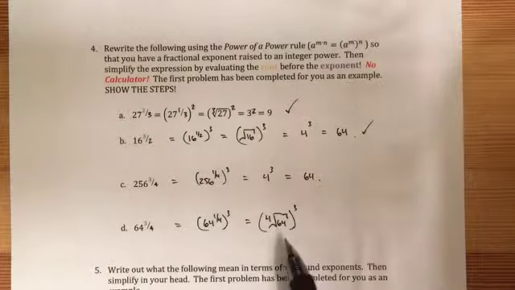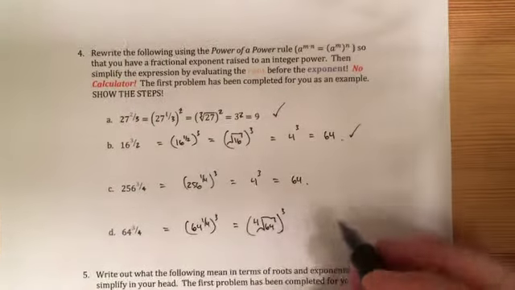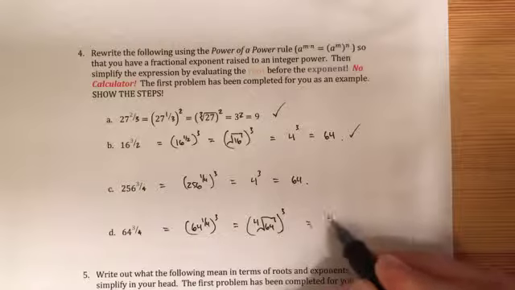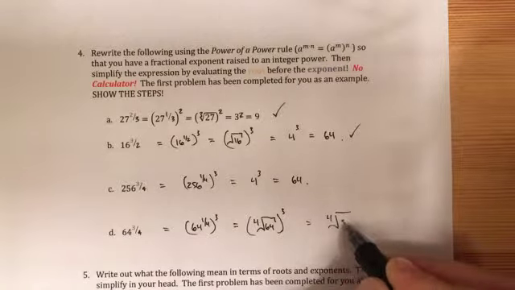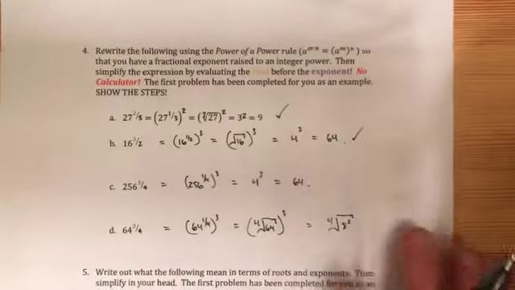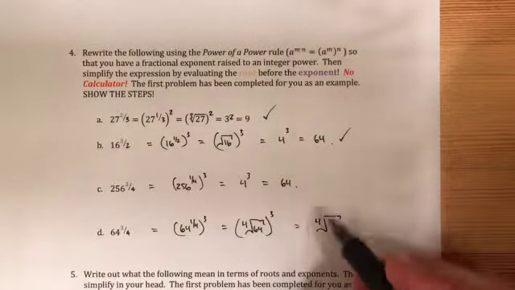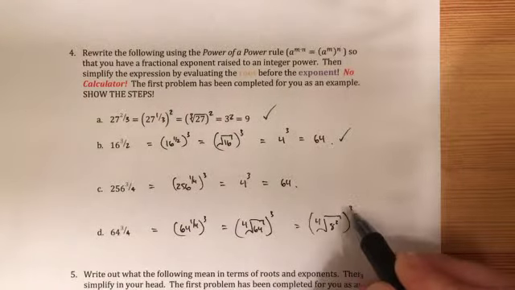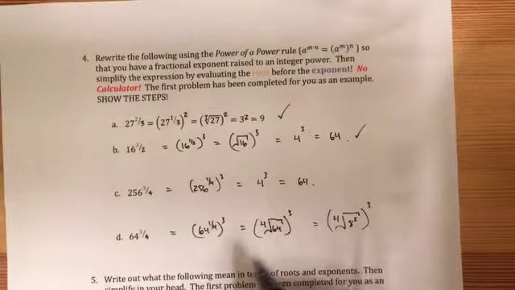Well, there might be some way to simplify this down a bit. The fourth root of 64. Well, that's equal to the fourth root of 8 squared, right? Because 8 squared is 64.